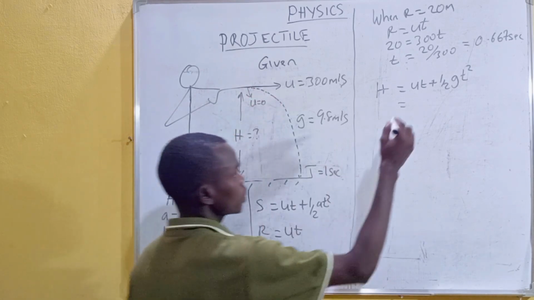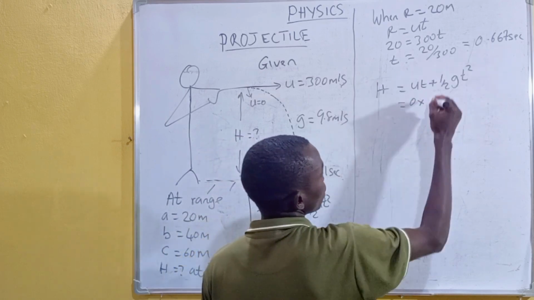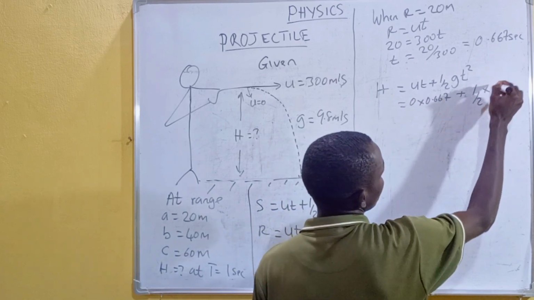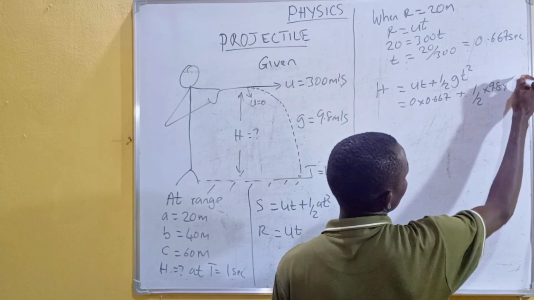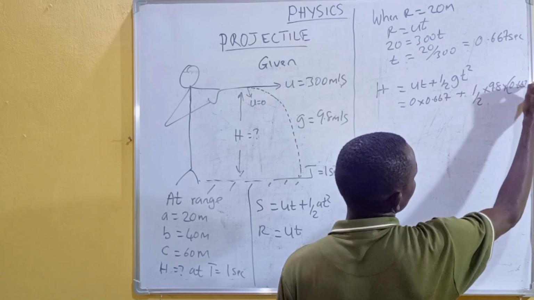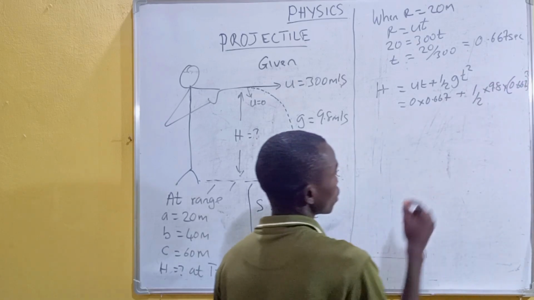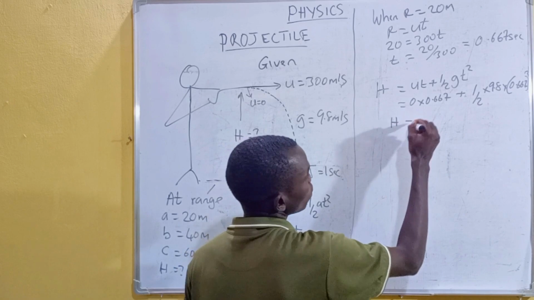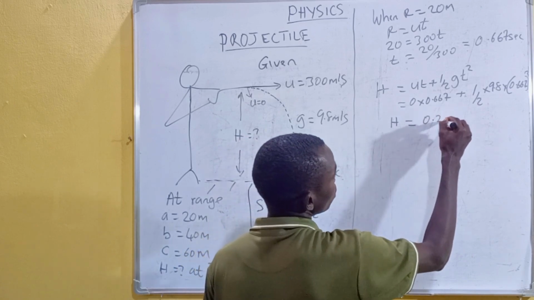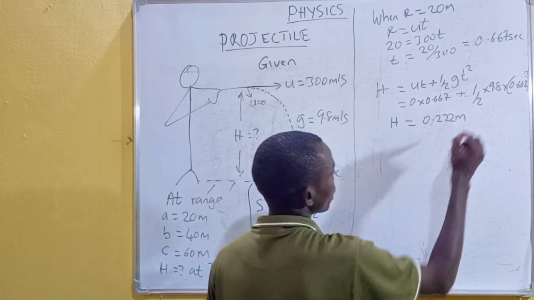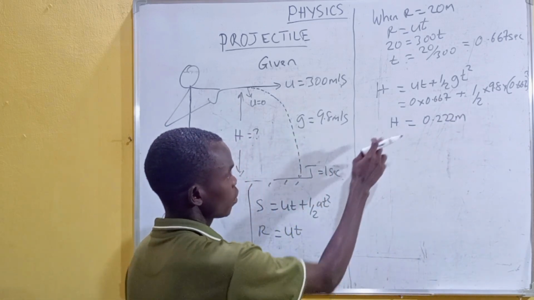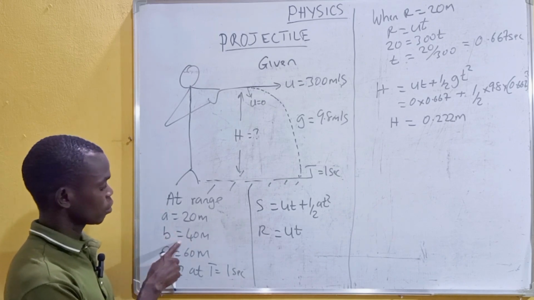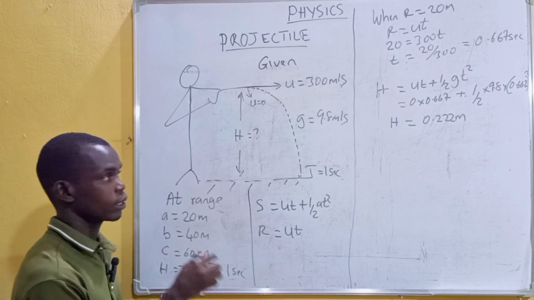So 0 times 0.667 plus 1 over 2 times 9.8 times 0.667 squared. When you press your calculator, you now have height is equal to 0.222 meters. This is the height when range is at 20 meters. So let's calculate when range is at 40 meters.